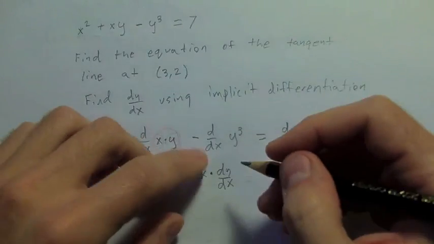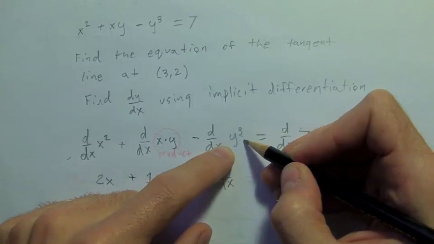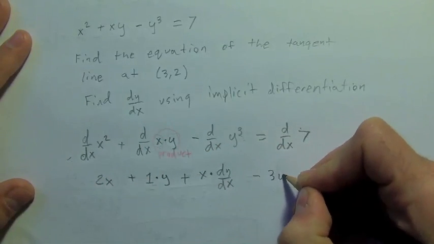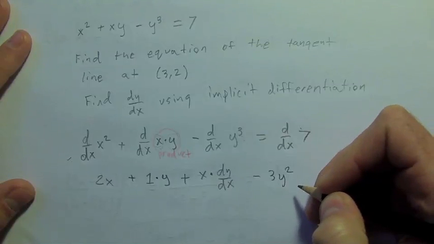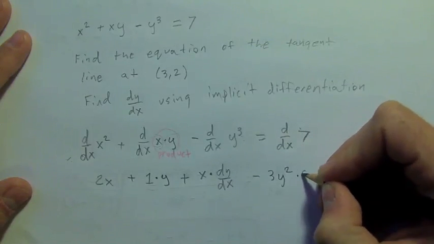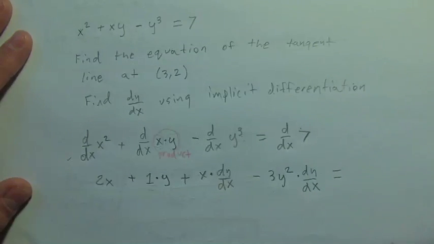Alright, then the derivative with respect to x of y cubed is going to be 3y squared, okay, times dy over dx, and that whole thing is going to be equal to 0.